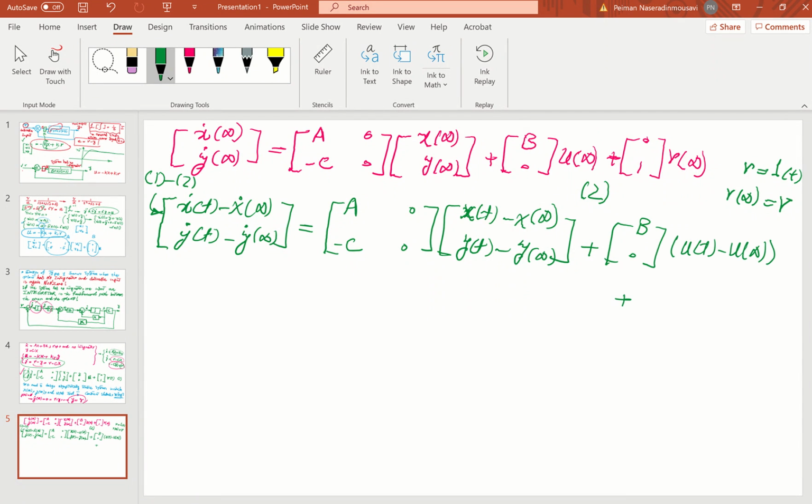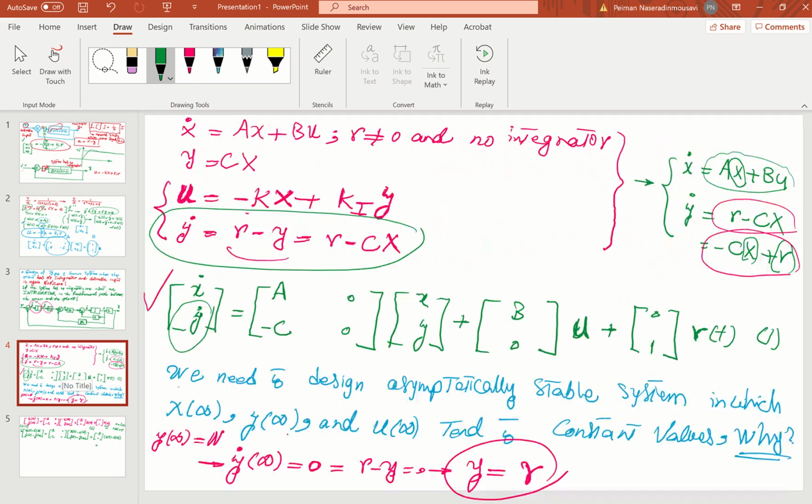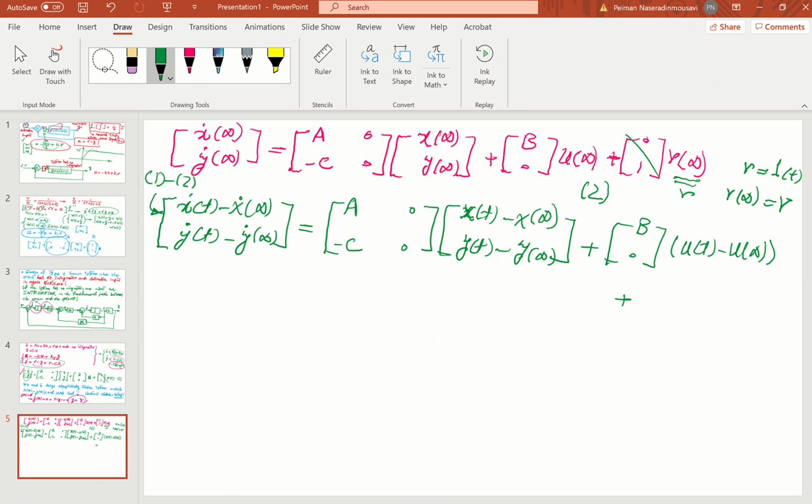Because this is finally r, r minus r vanishes, so there's no plus term anymore. Understand?